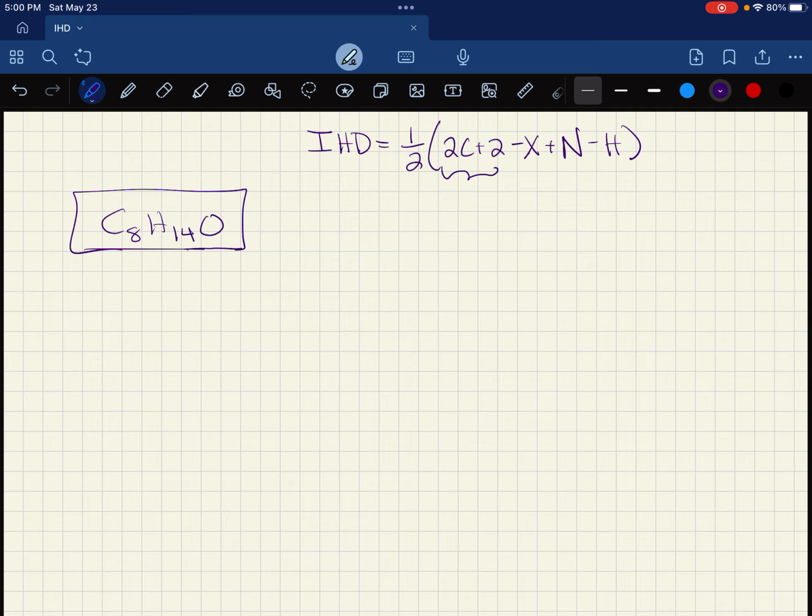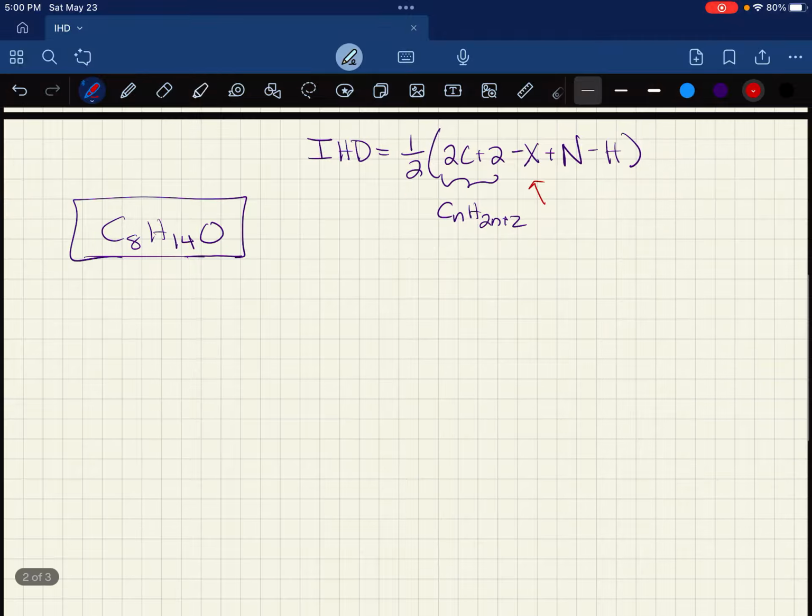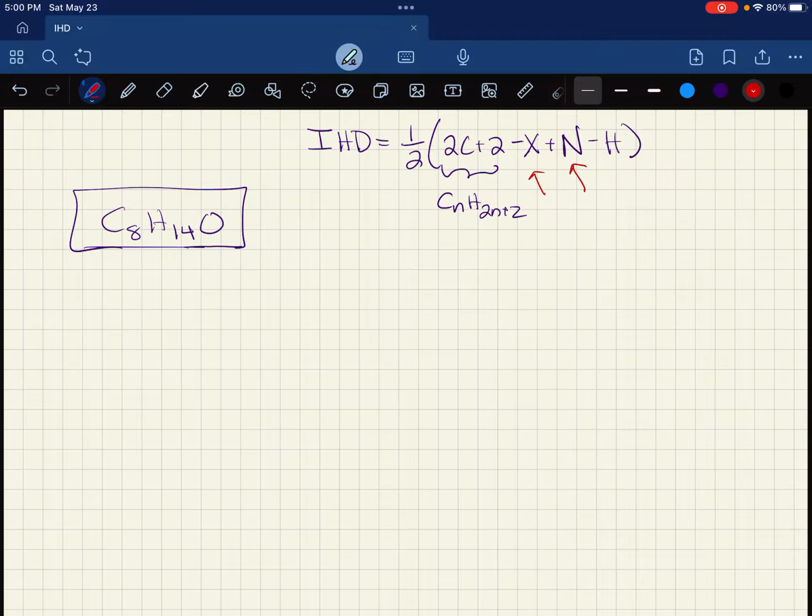So notice that this is the same that we were doing earlier. This bit gives us the number of hydrogen atoms we would expect for a saturated hydrocarbon with that number of carbon atoms. This is the part where every time we have a halogen, it's going to substitute for a hydrogen. So we lose one hydrogen atom for each halogen. The nitrogen we do +1 because we're going to add a hydrogen for every nitrogen.